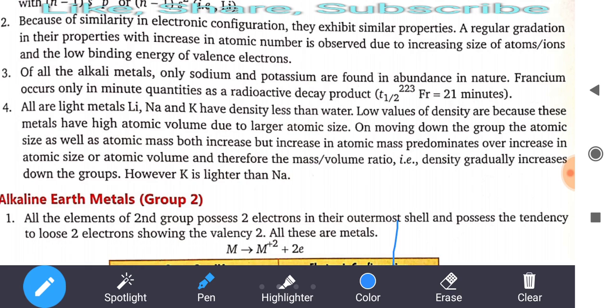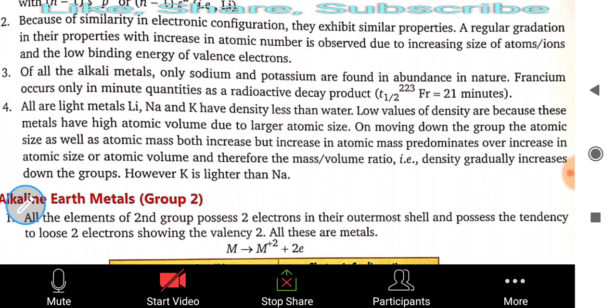Okay, so this is the headline. Whenever you read some peculiar characteristic about the group, try to remember it, or keep in mind that whenever we move down in the group, atomic size as well as atomic mass both increase, but the increase in atomic mass predominates over the increase in atomic size or atomic volume, and therefore the mass upon volume ratio, that is density, gradually increases down the group.